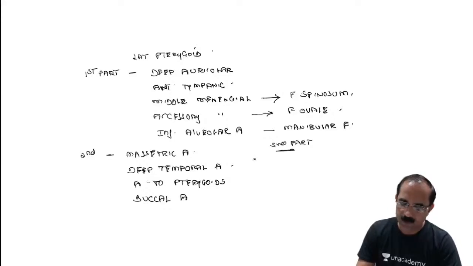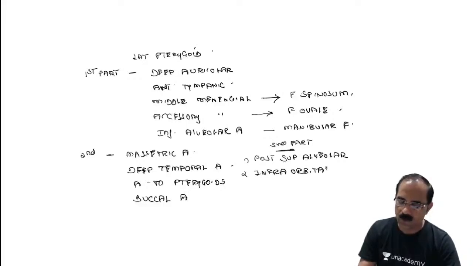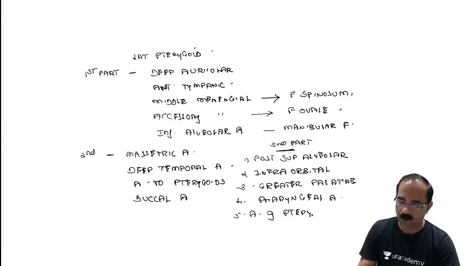Branches of the third part: one, I'm writing here, posterior superior alveolar, second, infraorbital, greater palatine, pharyngeal artery, artery of pterygoid canal, and the sixth is sphenopalatine.